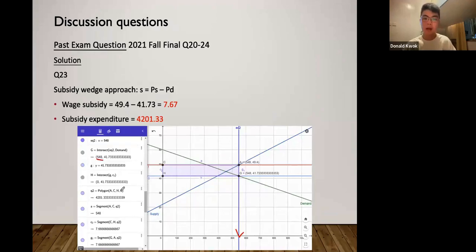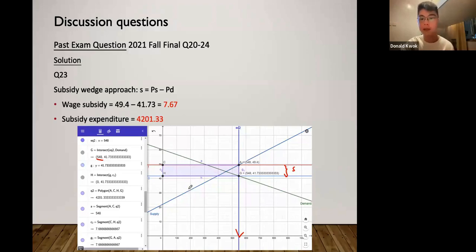Okay. So to impose the right amount of subsidy at this quantity, we are going to find the difference between PS and PD at the quantity of 548. And as you can see, the corresponding PD will be 41.73, as you can see in the diagram here. The gap between PS and PD will be the per unit wage subsidy required, 7.67.